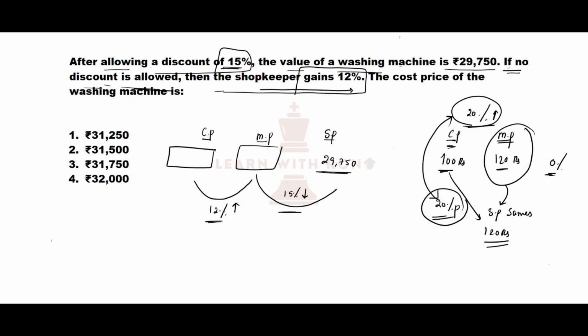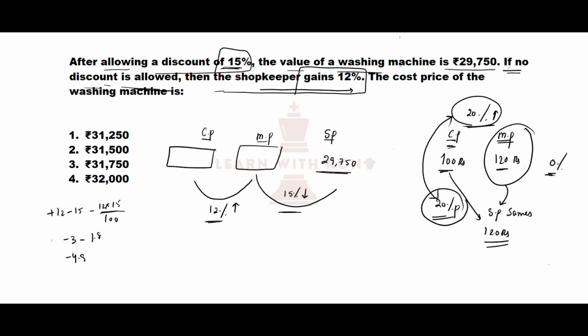So what is the effective percentage change? Plus 12 minus 15 minus 12 times 15 by 100, right? So minus 3, and 12 times 15 is 180, so 1.8.